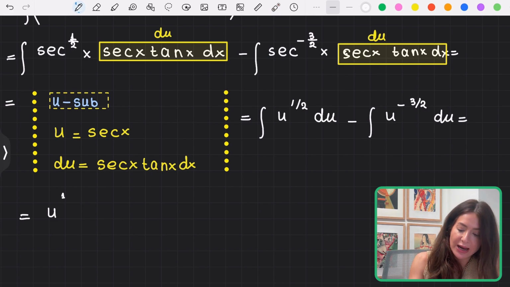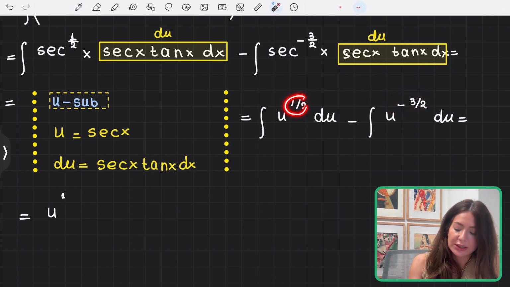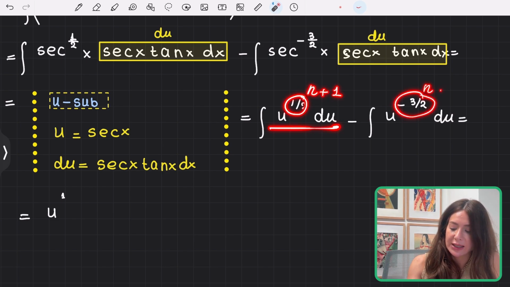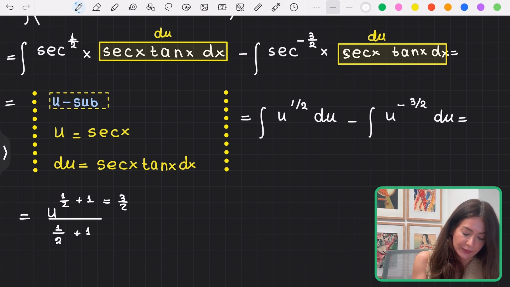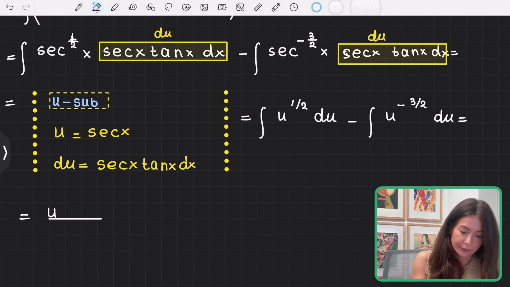I know that whenever you have fractions, it is kind of a complicated integral, but treat this as n and then add 1 and then divide by the same, and then treat this as n and then add 1 and divide by the same. So have plus 1. Okay, this is 3/2. This is 3/2. And then if you had 3/2 here, 2 would come up here, right?